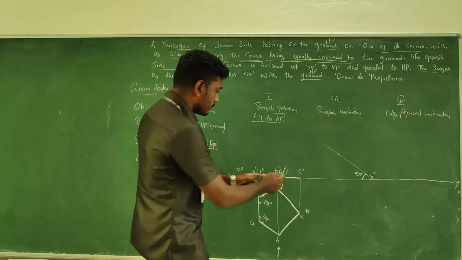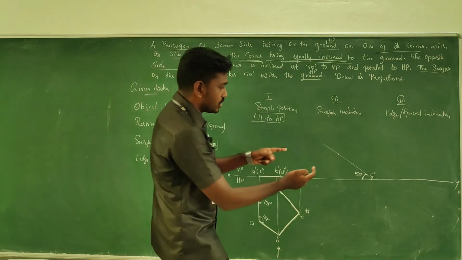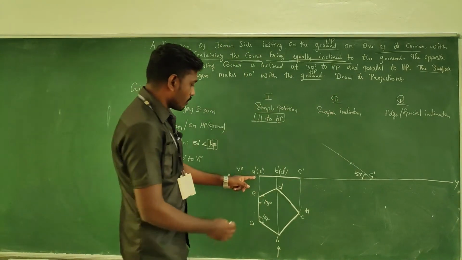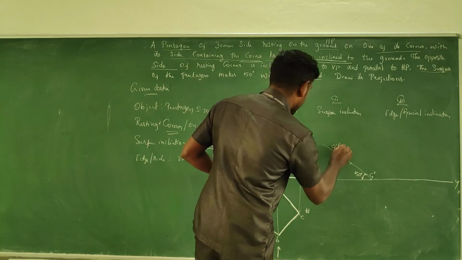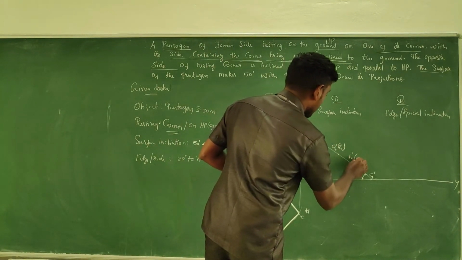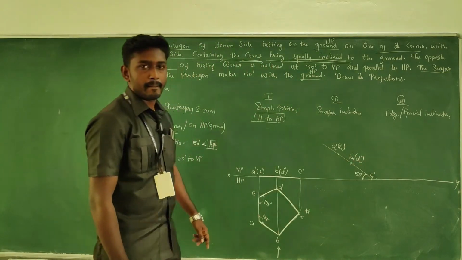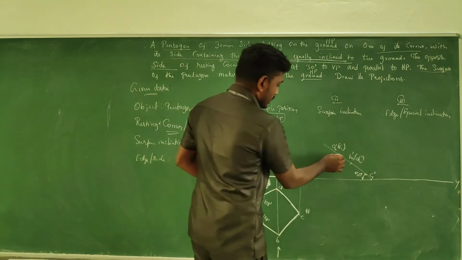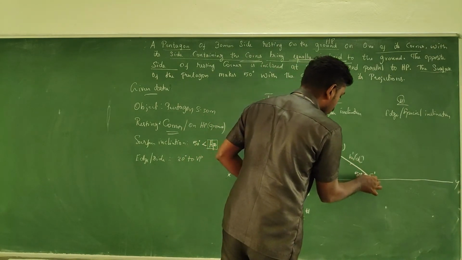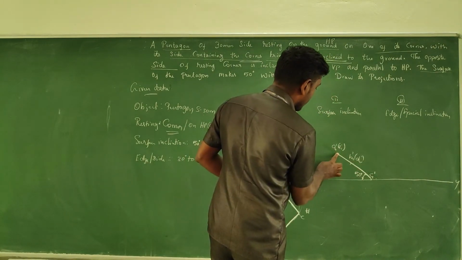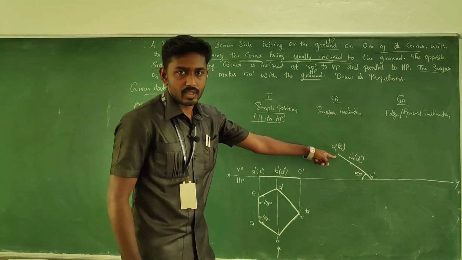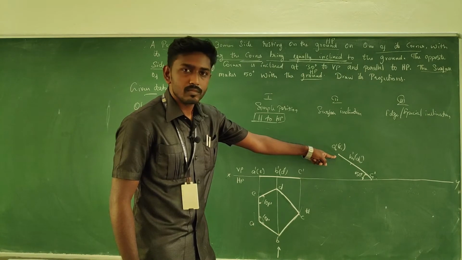Keep a point. Then measure C to B, the distance. Just have a cut. This is A1 dash and E1 dash, and this is B1 dash and D1 dash. Okay, so just have a dark line between A to C. You get the surface inclination front view, right?